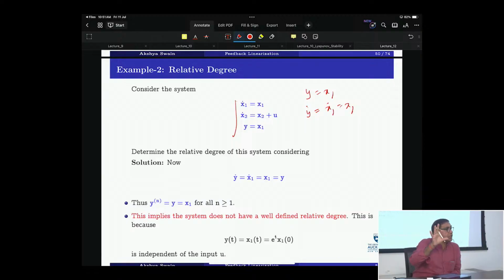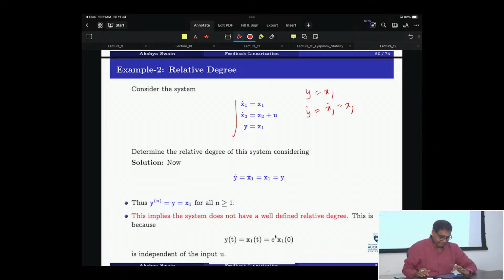Is U appearing or not? No. You can differentiate again. What will you get? Again X1. So no matter how many times you differentiate, you will not get anything. Right? So therefore, this system doesn't have a well-defined relative degree. It doesn't have a relative degree. So feedback linearization is not possible here.